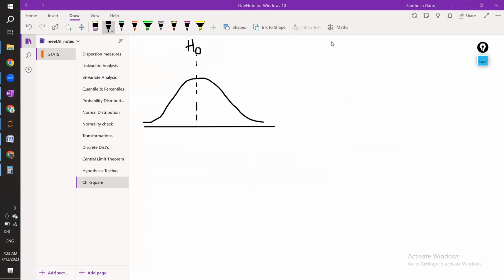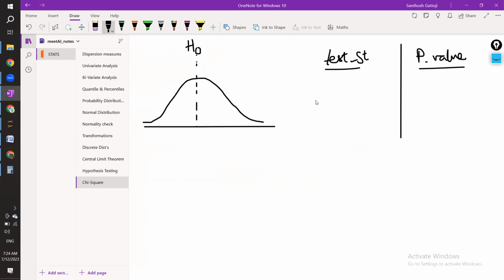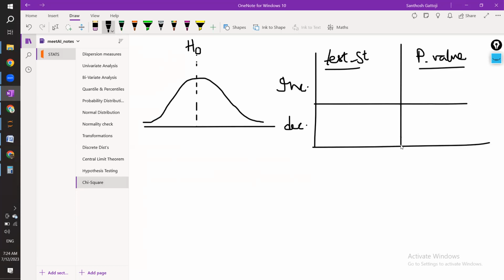You have our test statistic, and this is our p-value. Now, increasing, decreasing. Clear.